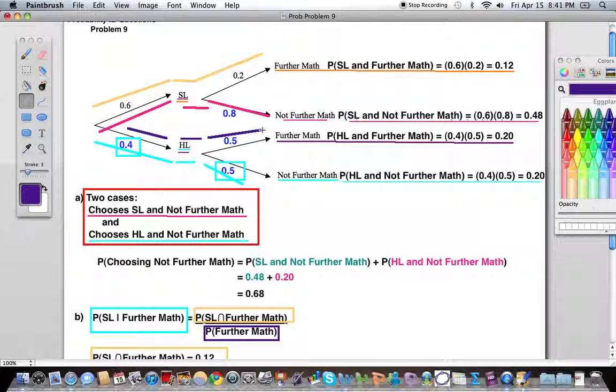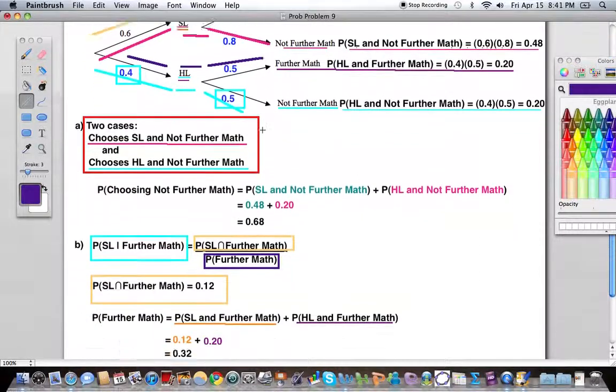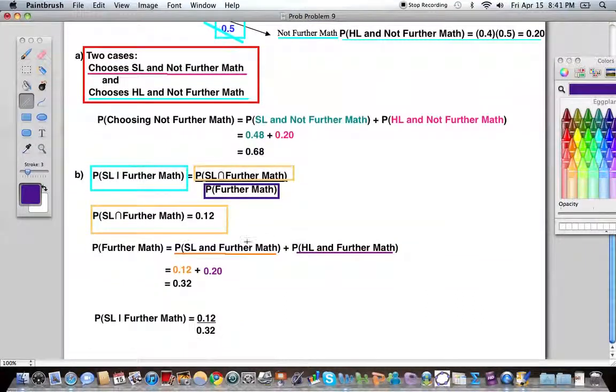We say 4/10 multiplied by 5/10 is 2/10 or 20/100. What do we do again when we have two events that fulfill what we're looking for on our tree diagram? Well, we add them. So we say our probability of SL in further math plus our probability of HL in further math. Got that right here. Well, that's equal to 32/100.